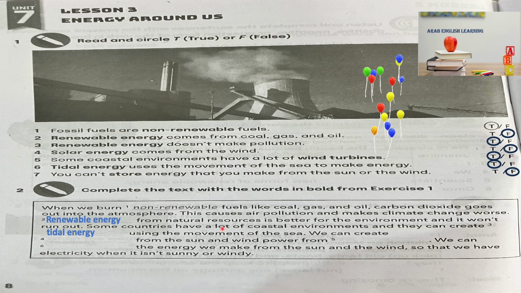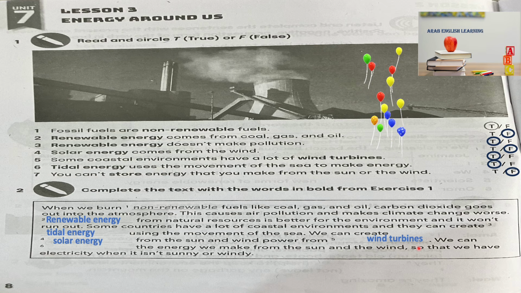Some countries have a lot of coastal environments and they can create tidal energy using the movement of the sea. We can create solar energy from the sun and wind power from wind turbines. We can store the energy we make from the sun and the wind so that we have electricity when it isn't sunny or windy.